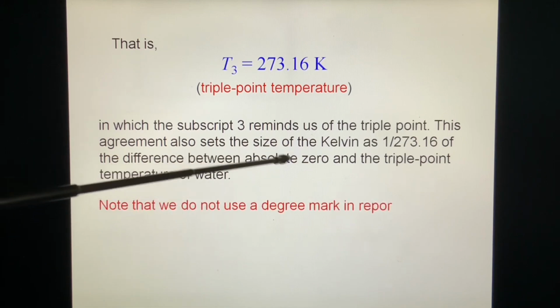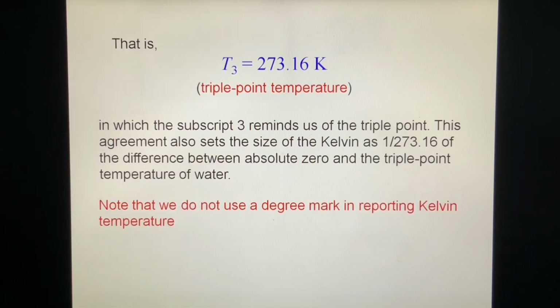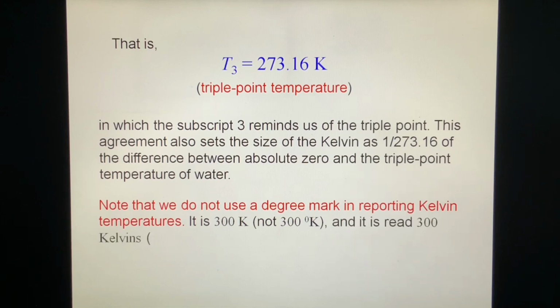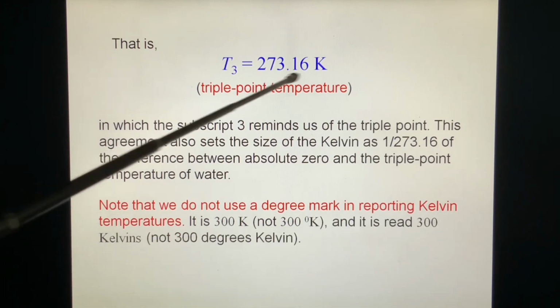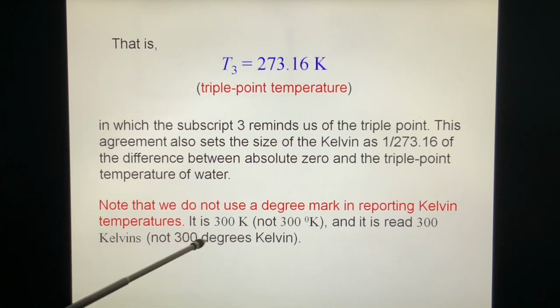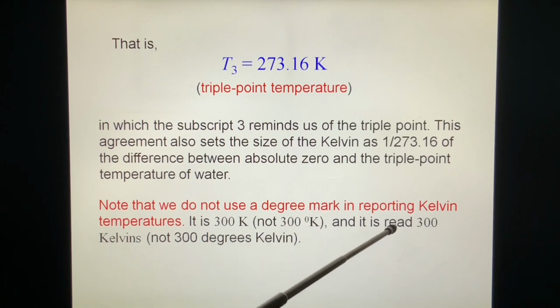The degree of Kelvin is equal to the degree of Celsius. Note that we do not use a degree mark in reporting Kelvin temperature. It is 300 Kelvin, not 300 degrees Kelvin.